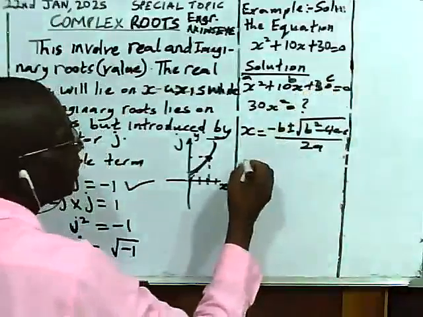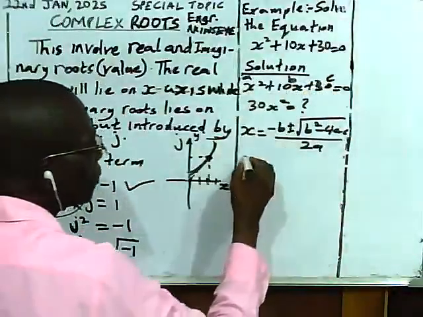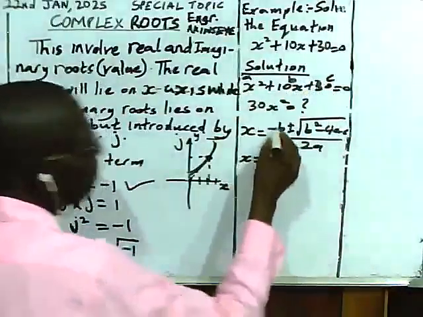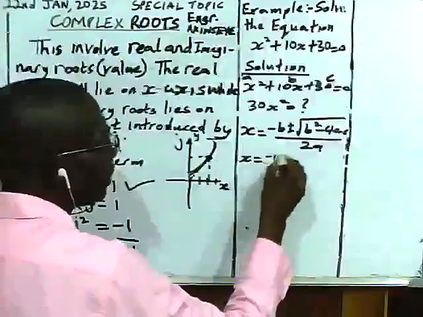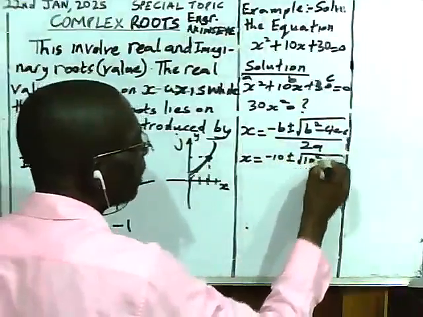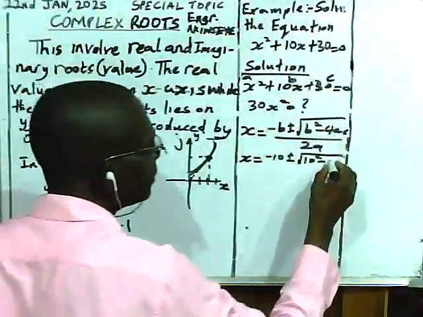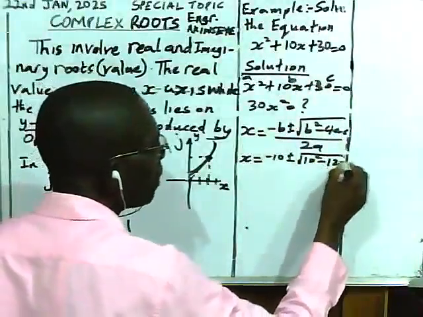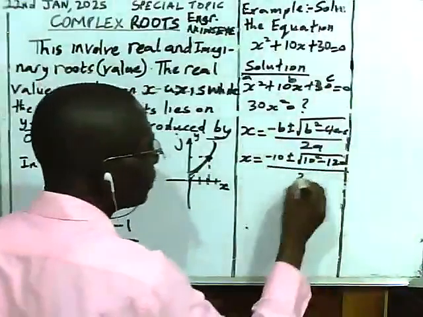So we now have to supply the values. So our x will now be minus b, which is minus 10, plus or minus root 10 squared minus 4 times 30, which will be 120, all over 2 times 1.